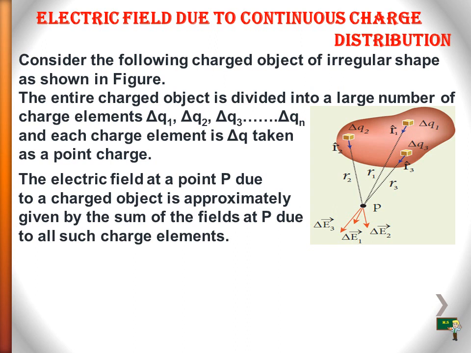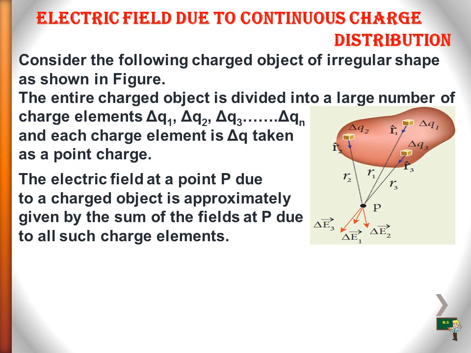Now the entire charged object is divided into a large number of charged elements, del Q1, del Q2, del Q3 up to del Qn, and each charge element del Q is taken as a point charge.